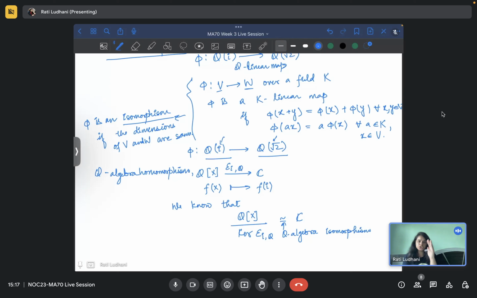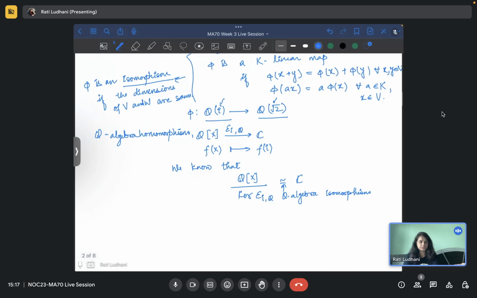So that means it should be a ring homomorphism, and it should be a vector space homomorphism also. So both of these should be there to say that this is a Q algebra isomorphism. So two things: ring isomorphism, or here you have fields, you can even say these are isomorphic as fields, field isomorphism.